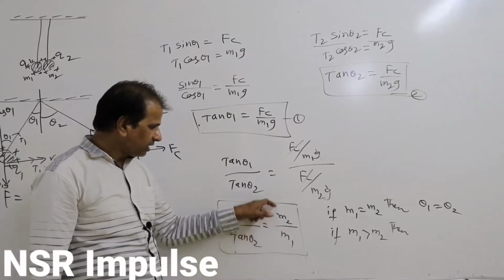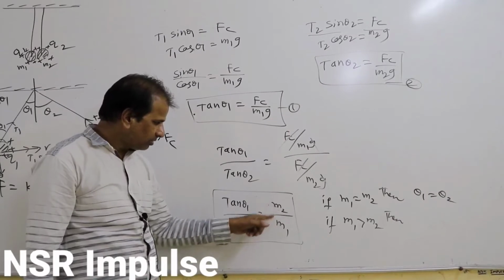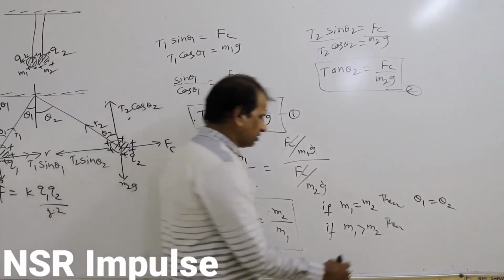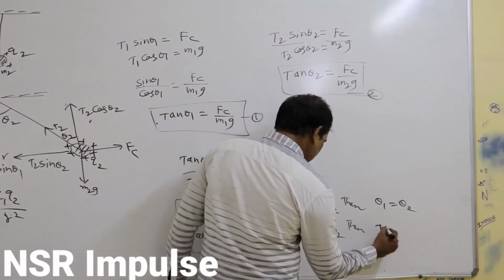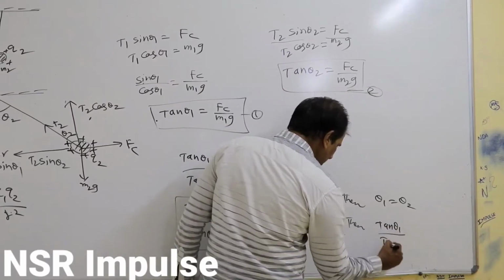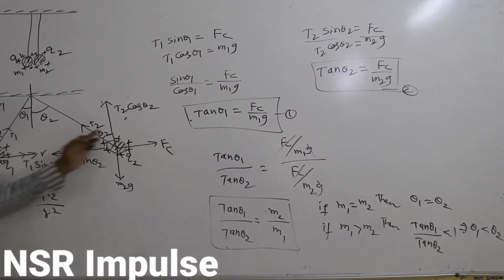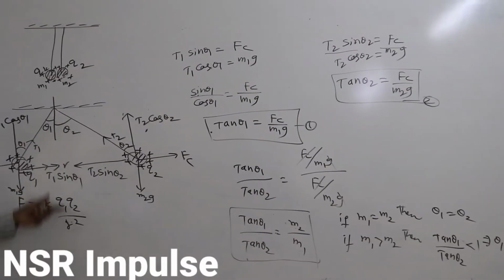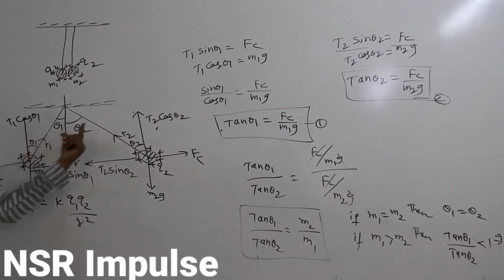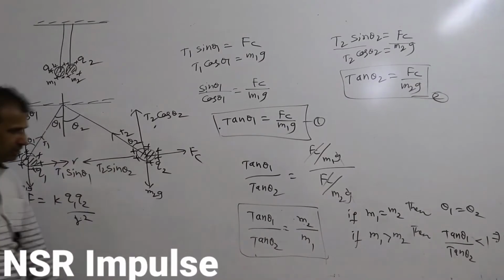This ratio becomes less than 1. That means this one will be deflecting by less amount and this will be deflecting by more amount. As an example, it will be 30 degrees and this will be 45 degrees, like that.